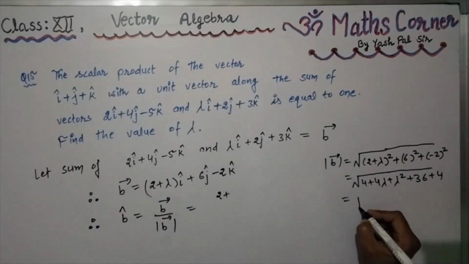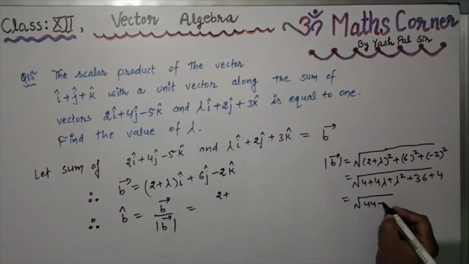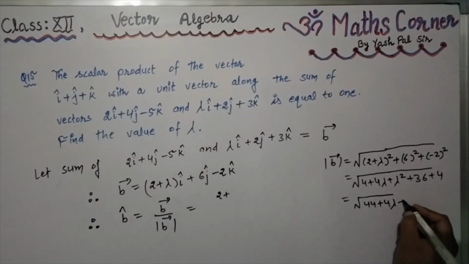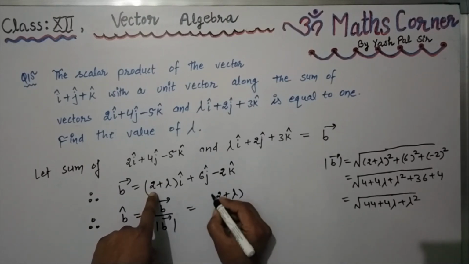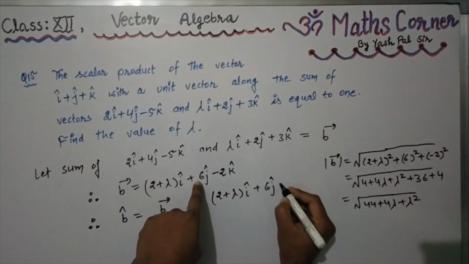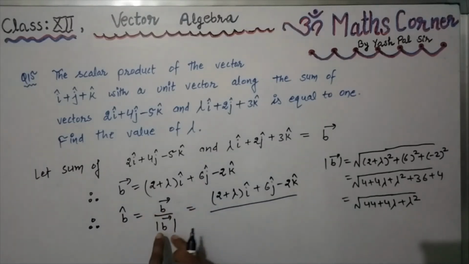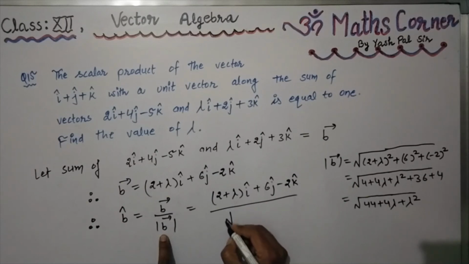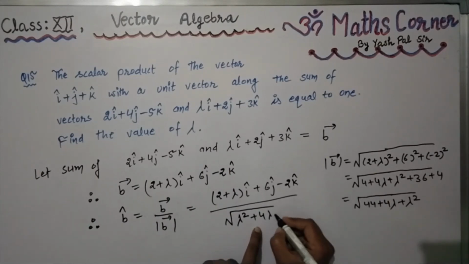So this is equal to 4 plus 4 lambda plus lambda square plus 36 plus 4. Again this is equal to square root of 44 plus 4 lambda plus lambda square. So we say (2 plus lambda)i plus 6j minus 2k.